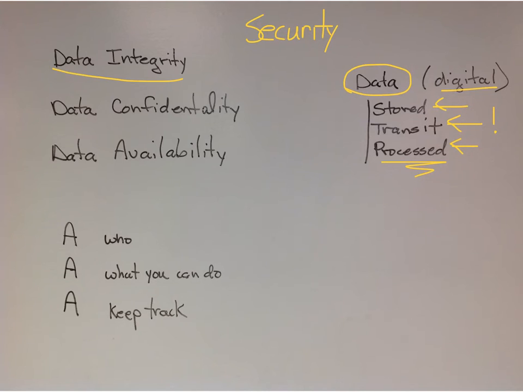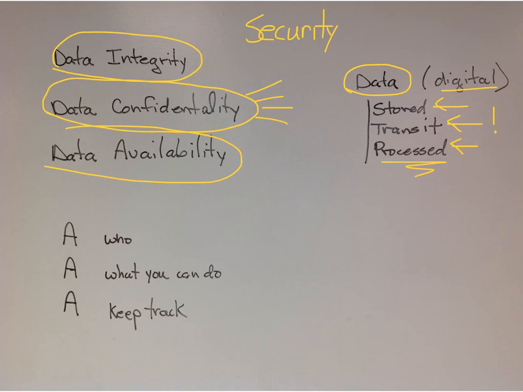We want to make sure the data is accurate, and we only want the data to be seen by those who are supposed to see it. It's confidentiality. Your doctor and your nurse and so forth can see your medical records, but not everybody else. And then data availability. We need to have data be available to those who need to see it, and we need to have it accurate.